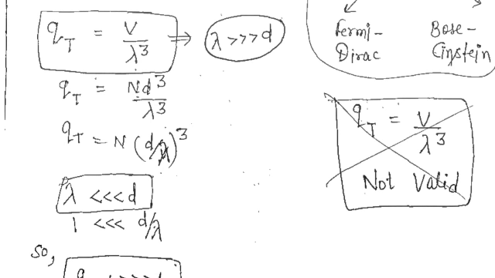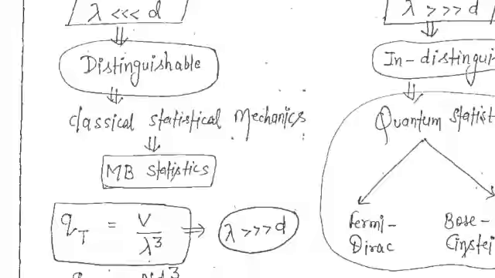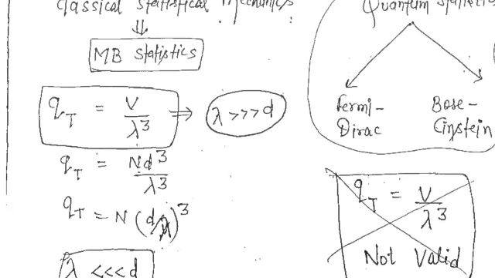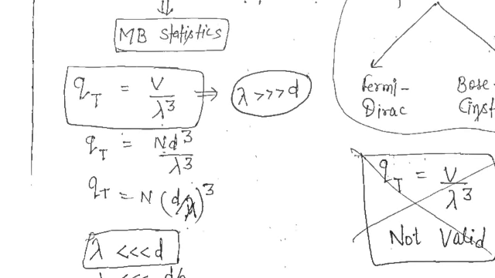So this system is having lambda far less than d. Here I had written it wrong, it is less than. Lambda is very less than d, that's why particles are distinguishable.